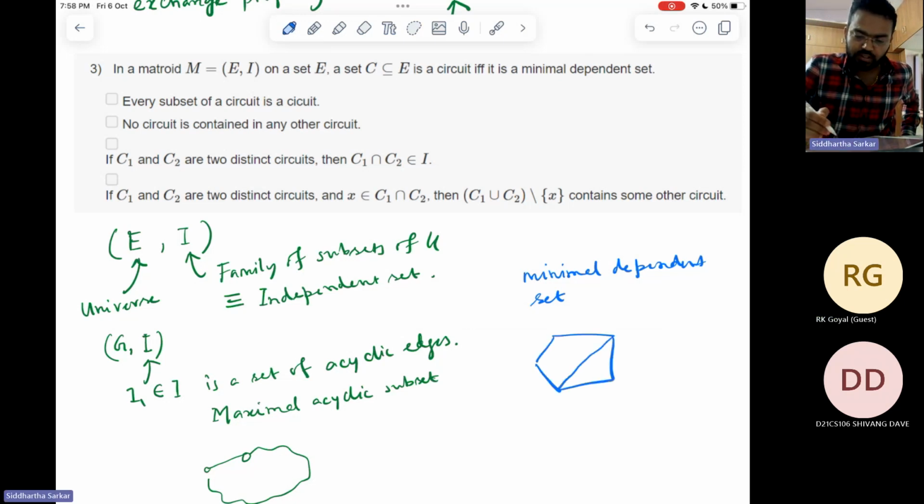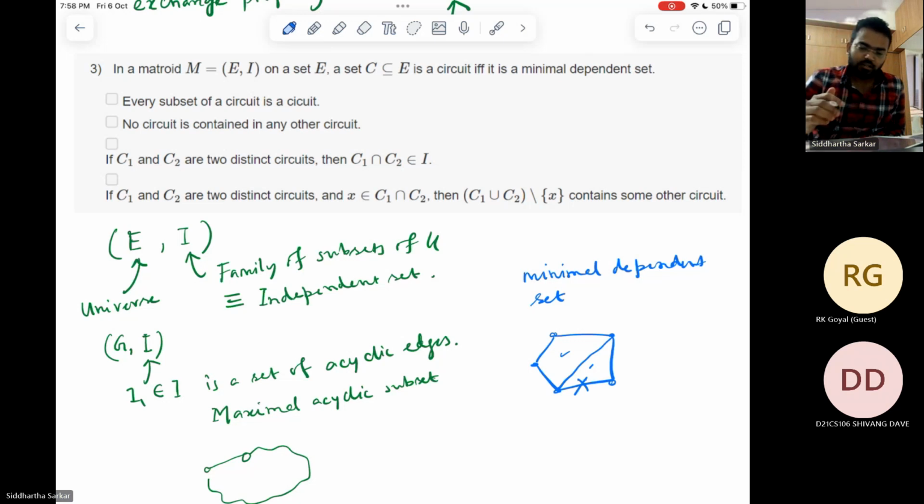For example, this is not a minimal cycle because there are two cycles. Even if you delete one edge, the cyclicity is still remaining. So you want to kill all the cycles. So a minimal dependent set is one where even if you delete one edge, all the cycles will be destroyed.